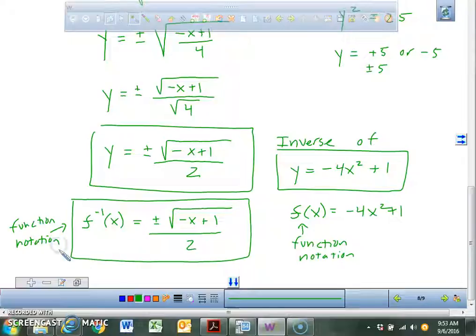So what I would like you to do on your paper is, after you've finished it in your journal, just write this down as the answer to your inverse in function notation. You can put it right underneath yours. If you already wrote y equals, just put it right there, just to practice writing what the inverse looks like. If you're taking a multiple choice test, you're not going to see your answer as y equals. This is how you're going to see your answer, as the inverse of x. Okay? So I'll give you a chance to write that down.